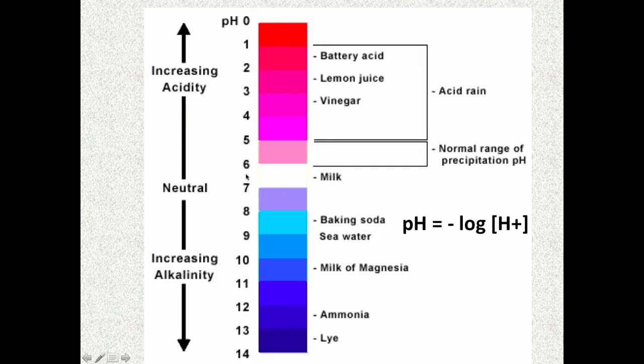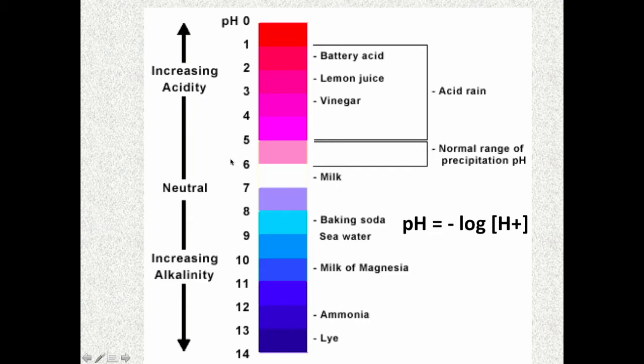And then the lower end of the numbers, from 0 to 7, are numbers that are acidic. Okay? So 7 is totally neutral. And as we go down from 7, as the number gets smaller and smaller, the concentration of hydrogen ions gets larger and the acidity of the solution increases.